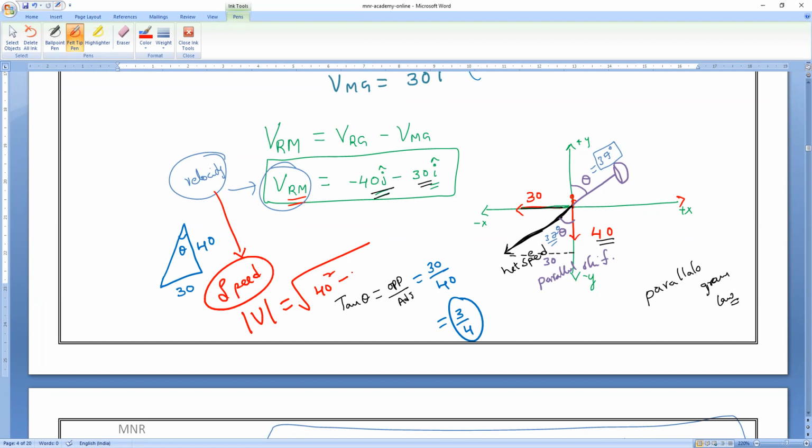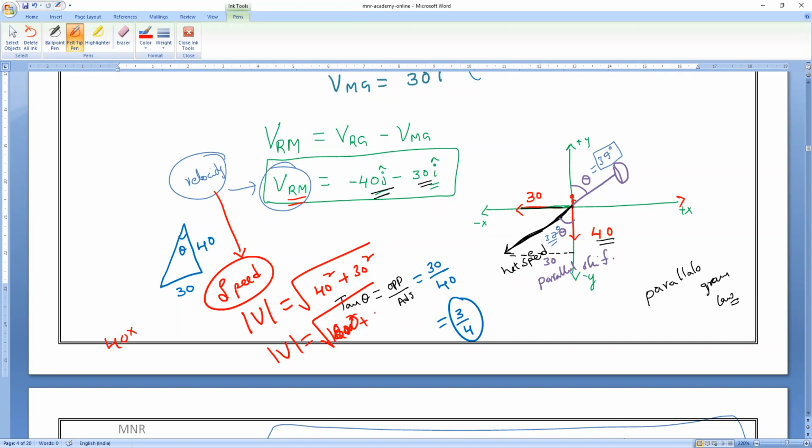40 square plus 30 square. So the speed of the net resultant is equals to 40 square plus 30 square. 40 into 40, guys. How much? 1600. Correct?